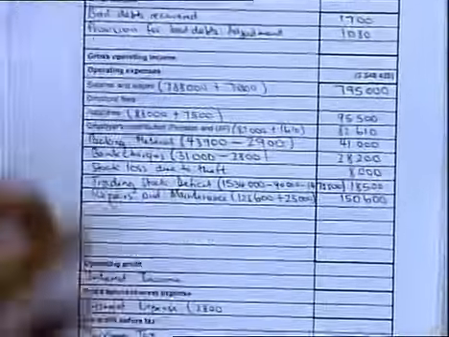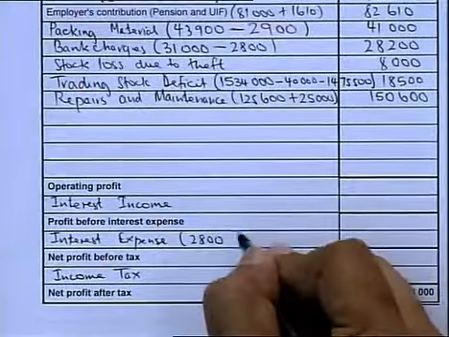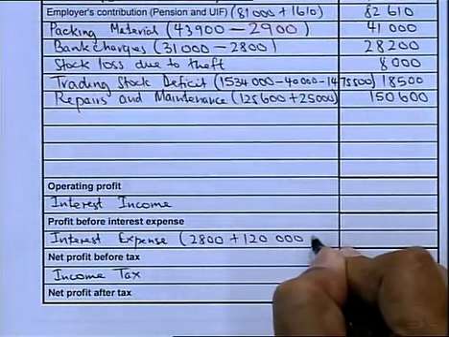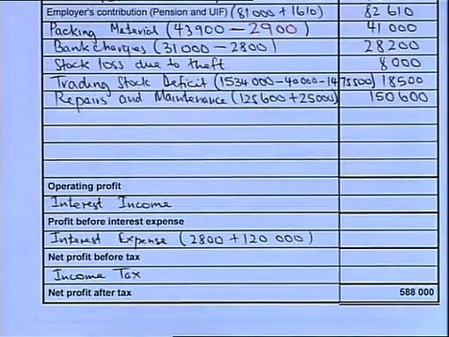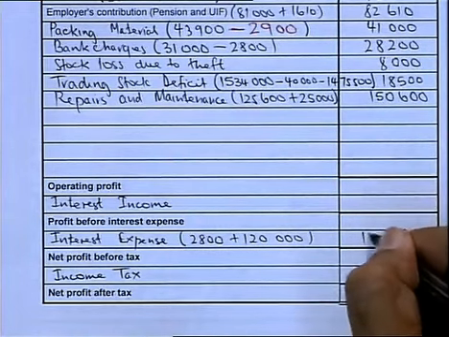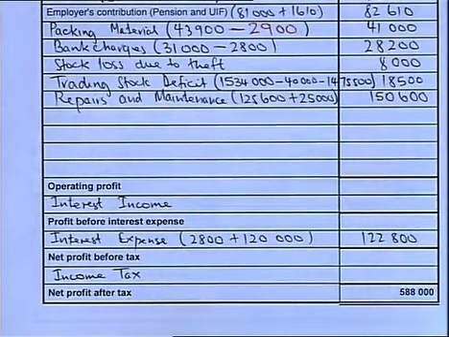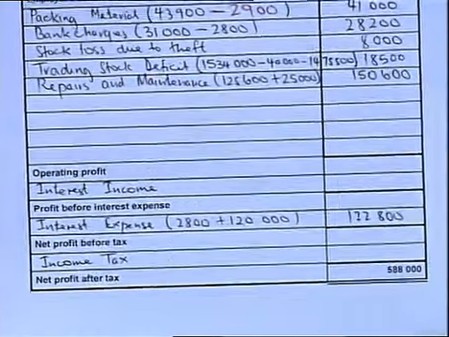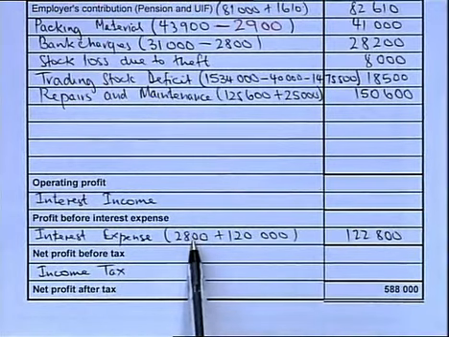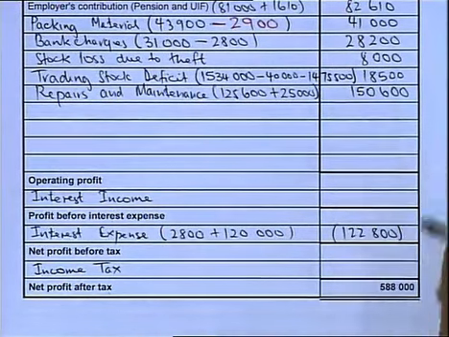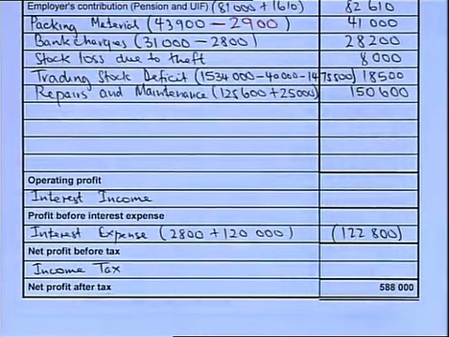The 120,000 will be added with the 2,800, it gives me 122,800. Right, learners, so the 2,800 was the previous figure of the interest on overdraft plus the interest on loan, gives me the total interest, which will have to go in brackets because I will eventually have to deduct the interest to get the total.